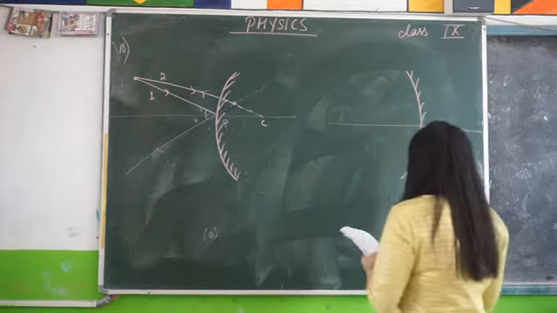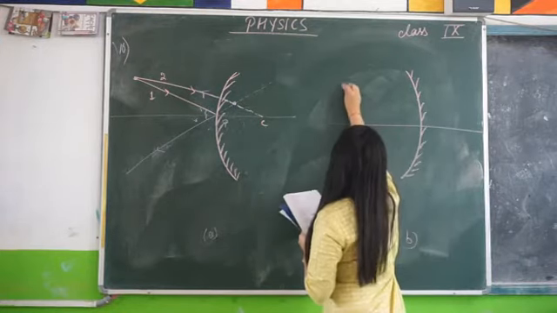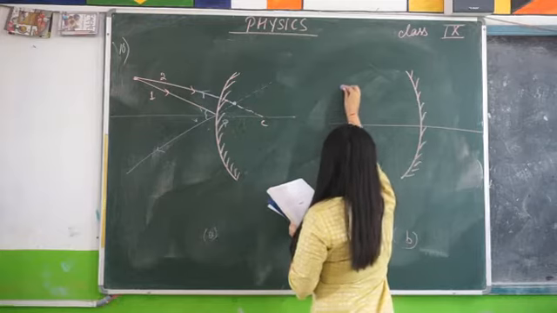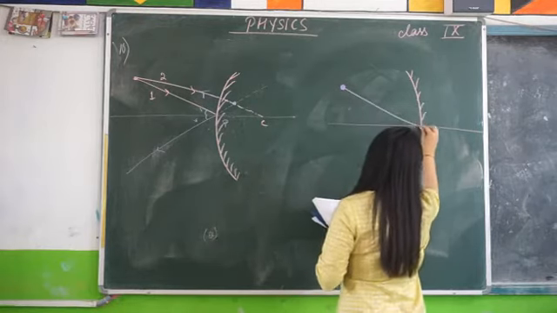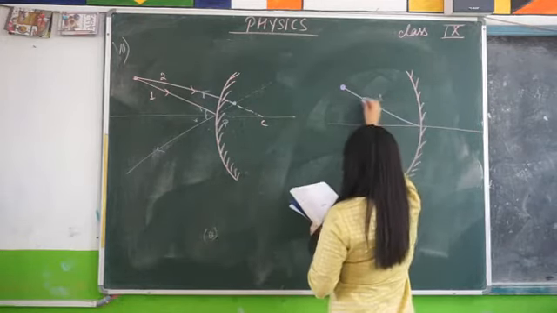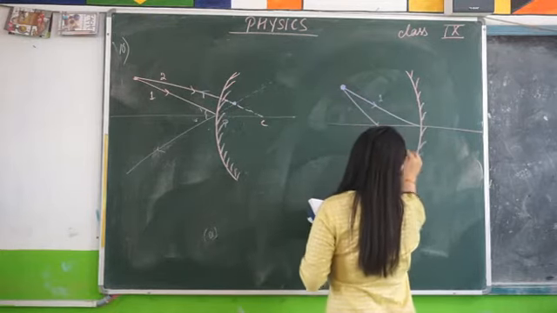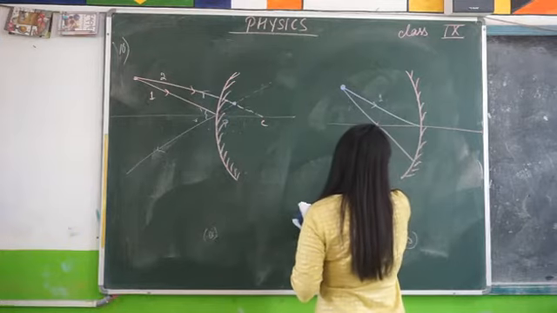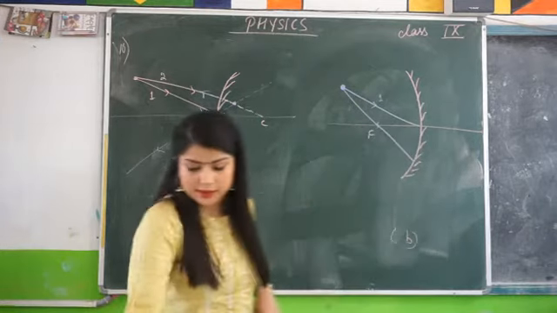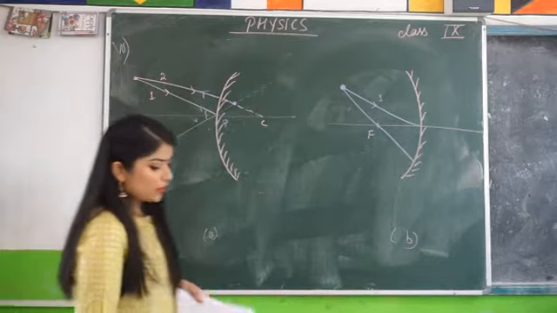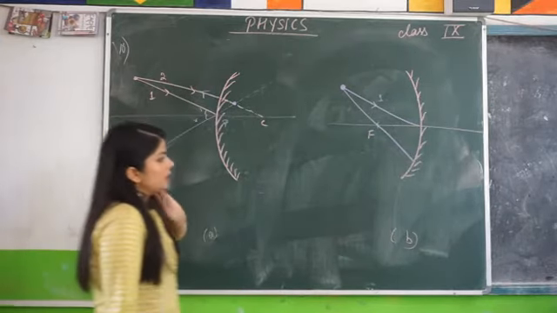In this case, similarly, one object is kept. One ray of light falls on the pole directly, that is ray number 1. Another passes through the focus and strikes the mirror. The incident rays are given. Now you have to draw the reflected rays.